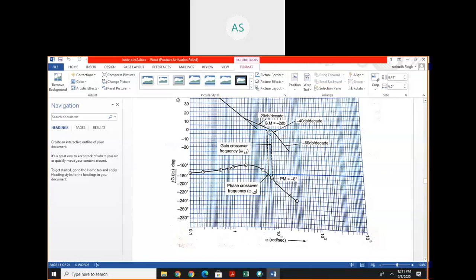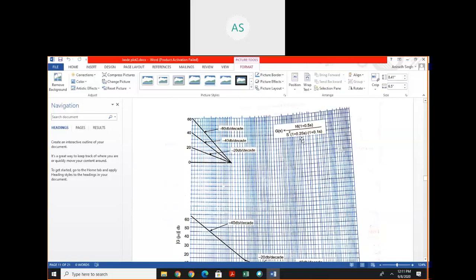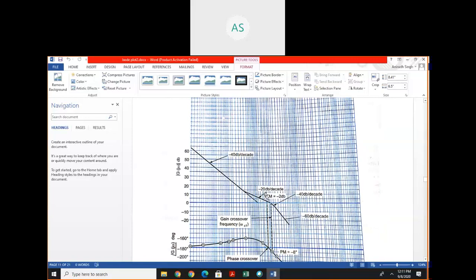Then the next corner frequency is 8 radians per second, and at this corner frequency a pole is added. It means that the minus 20 dB slope is increased by another minus 20 dB per decade. So this minus 20 dB per decade is changed to minus 40 dB per decade.